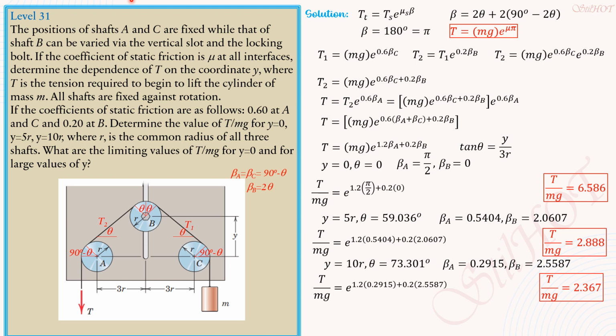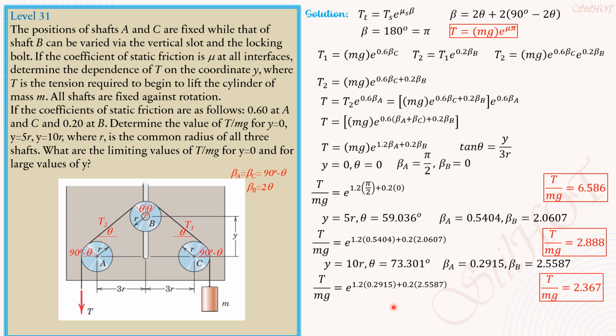Then when y is infinite, meaning it's very far from here, this cable will be tangent to this. So 90 degrees minus theta would be 0, and the value of theta approaches pi over 2, because tangent of theta is very large over 3 is very large. Inverse tangent of very large is 90 degrees or pi over 2.